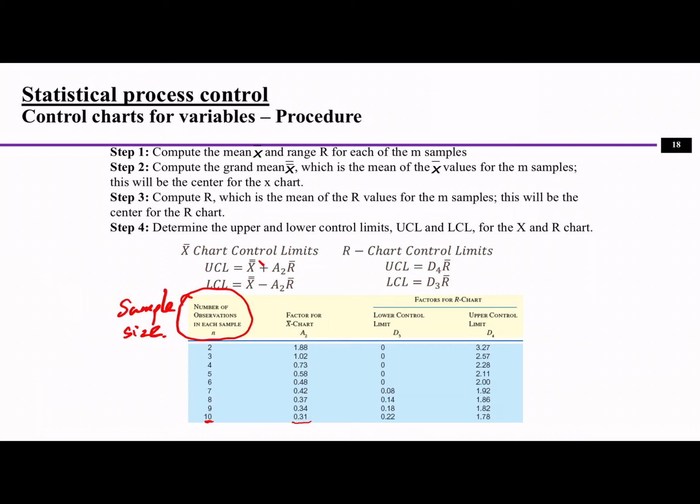All right, similarly, we can find the D3 and D4 values, because to calculate the upper and lower control limits for the R chart, you need D3 and D4. So D3 for a sample size of 10 is 0.22, and D4 is 1.78. So this is how you calculate the upper and lower control limits and construct the two different control charts.